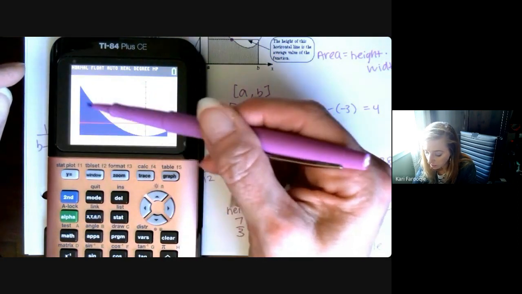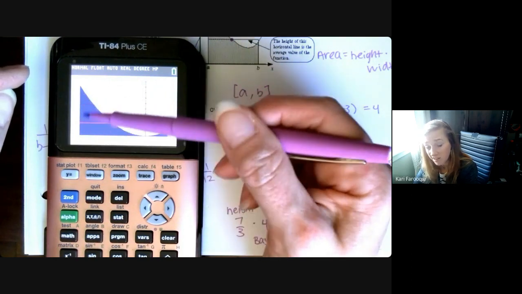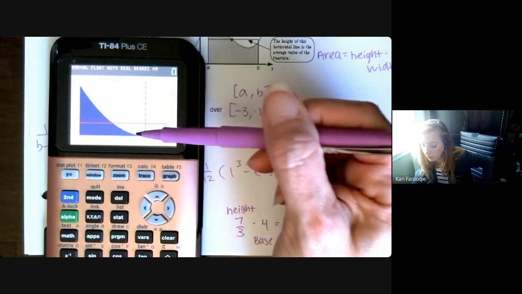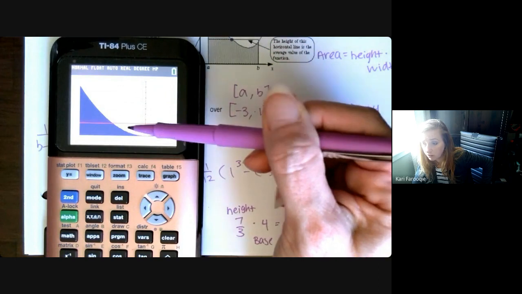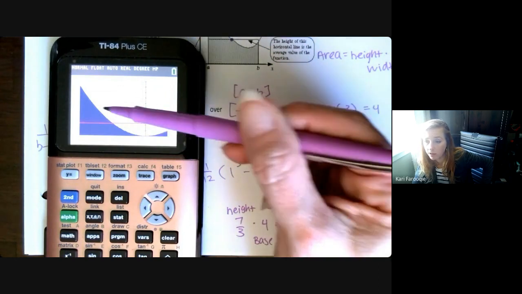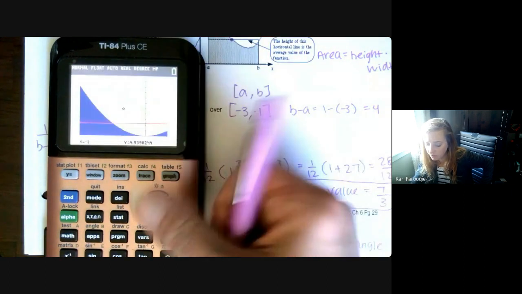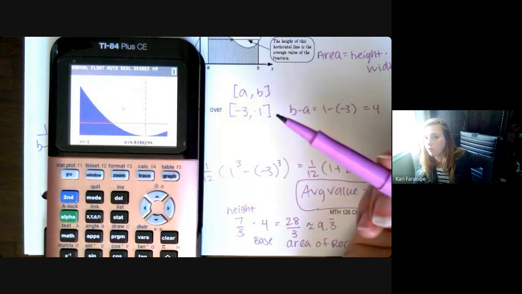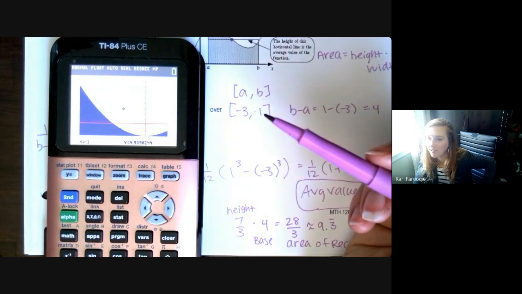I could take all of this portion under the curve that's on top of the rectangle, and if I could redistribute it, it would fit exactly into this blank space underneath this horizontal line where there is no area. And that means that the area above the horizontal line is the exact same as the area that's blank underneath the horizontal line. I know it's a weird thing, but it's really cool.